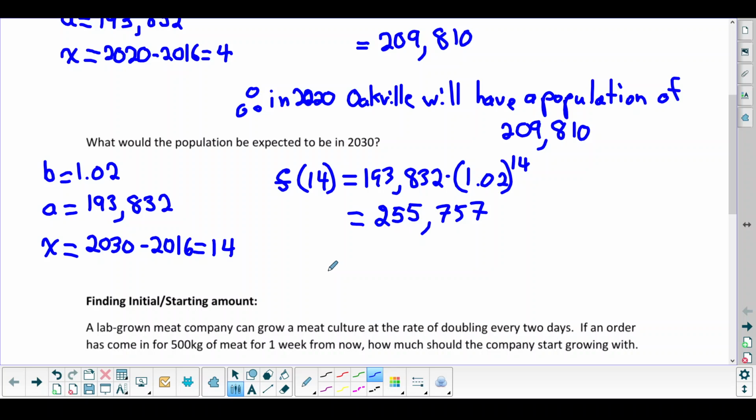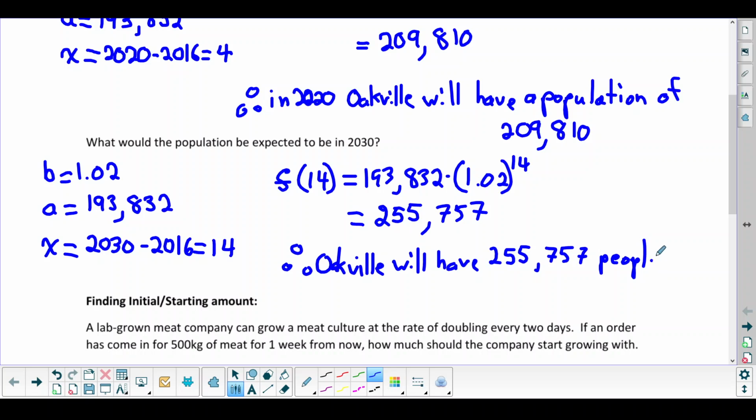And we can write a conclusion about that as well. So therefore, Oakville will have 255,757 people in 2030. All right.